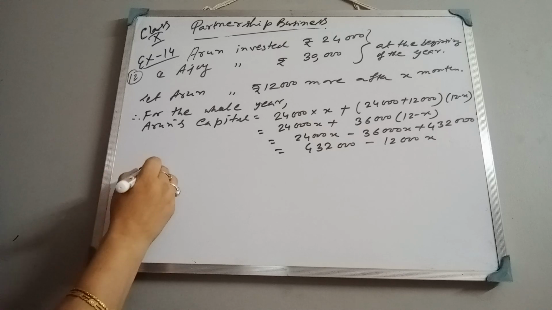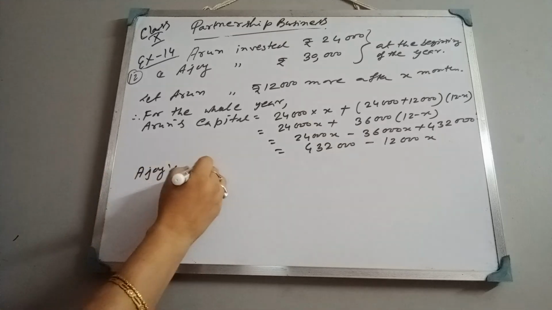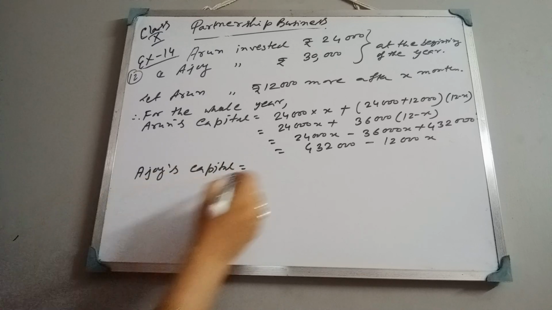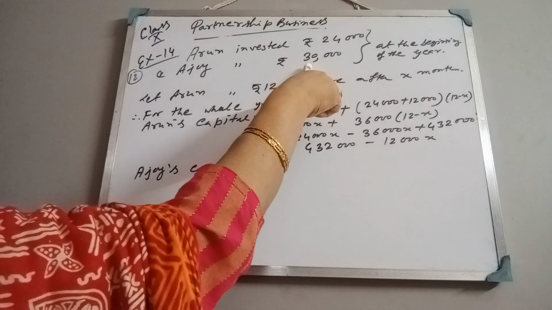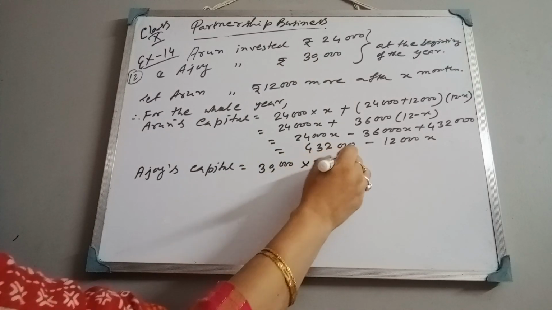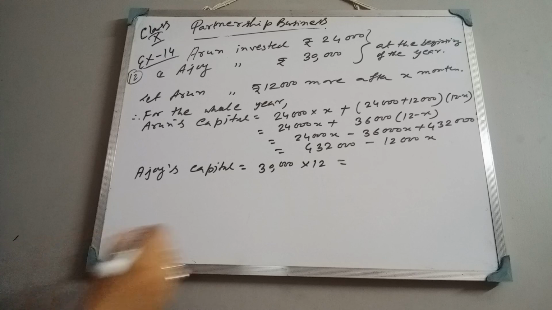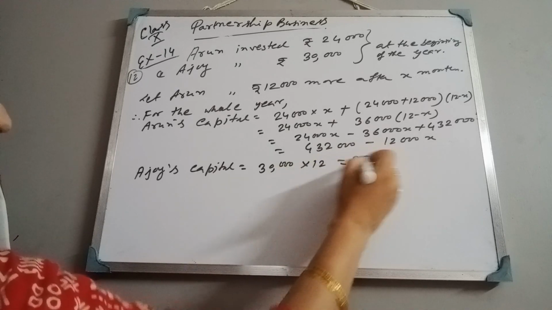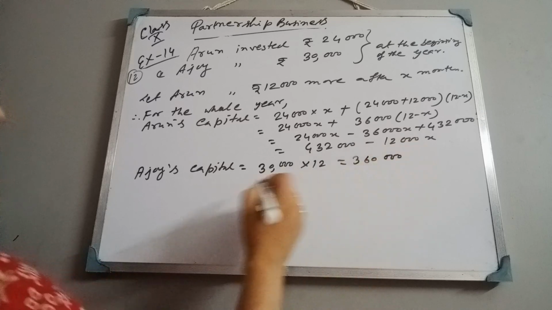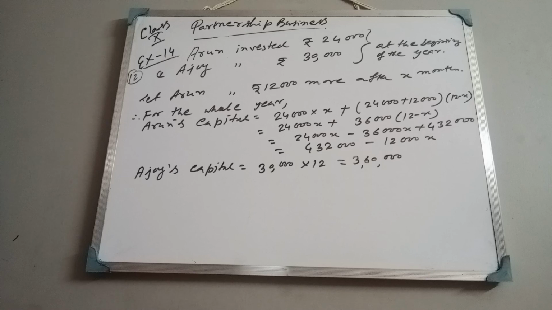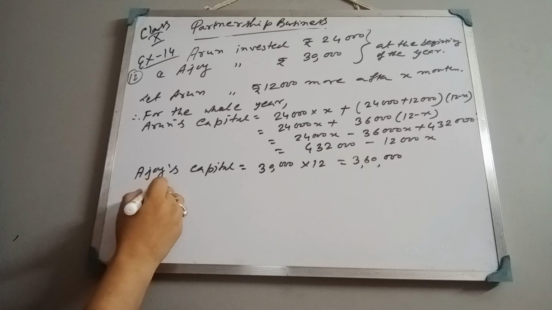Now Ajay's capital for the whole year. He has invested at the beginning of the year 30,000. So we will calculate this into 12. 12 3s are 360, so 3,60,000. Now what is the ratio of the capitals?